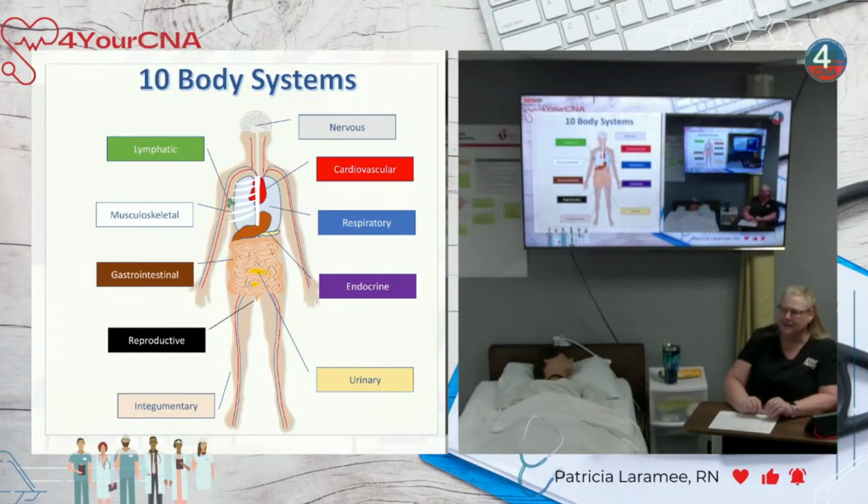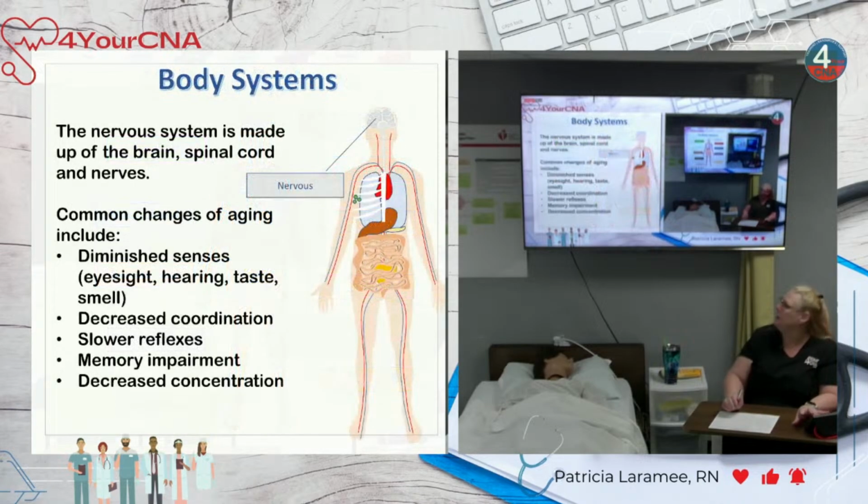But that mindset can actually impact our patients. So it's important that we understand the aging process, so that with a little understanding, we tend to have a little more patience. Make sense? Good. So let's take a look at these body systems.